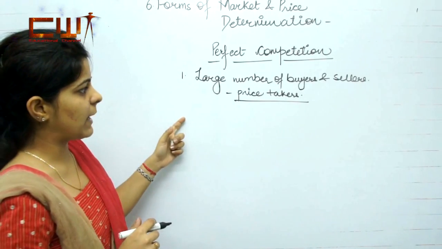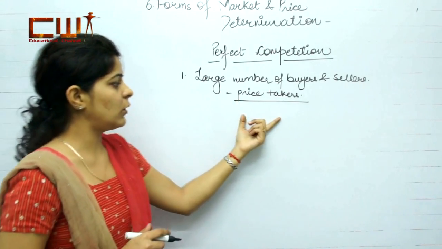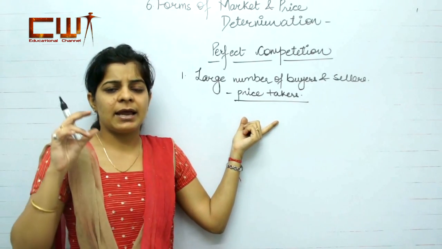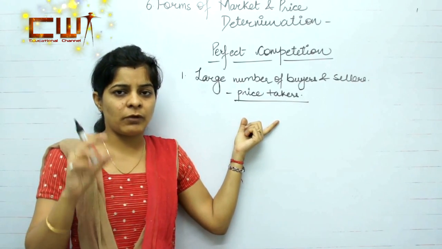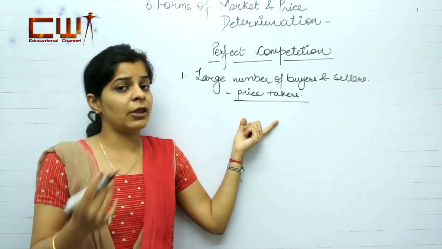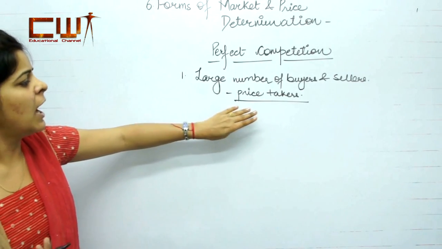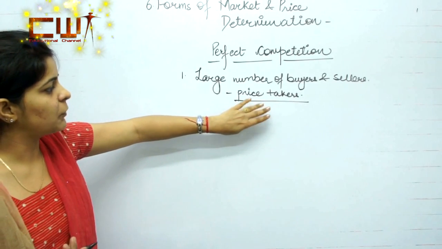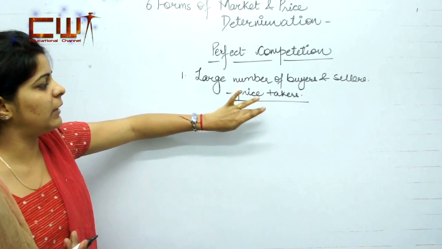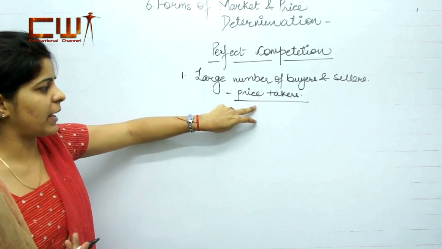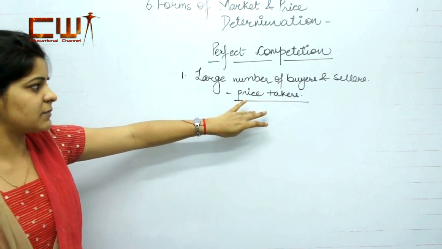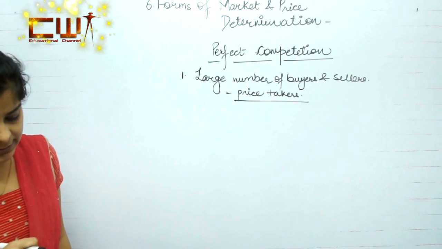So with a large number of buyers and sellers, the firm decides what the price will be. So they cannot make their own price. They have to sell at the price which is asked of them. They have been told to sell at that particular price. That is why they are known as the price takers.